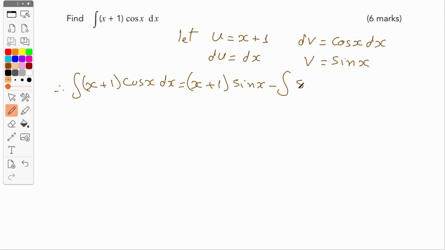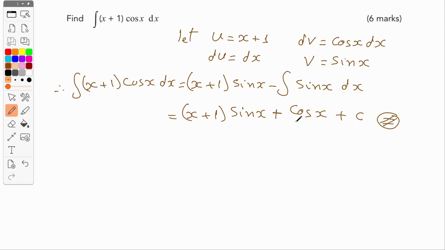This is v, sine x, du, which is dx. So the final answer is x plus 1 times sine x as it is, minus the integral of sine x, which is negative cosine x. Negative by negative is positive, so plus cosine x plus c. Even this one is 6 marks.